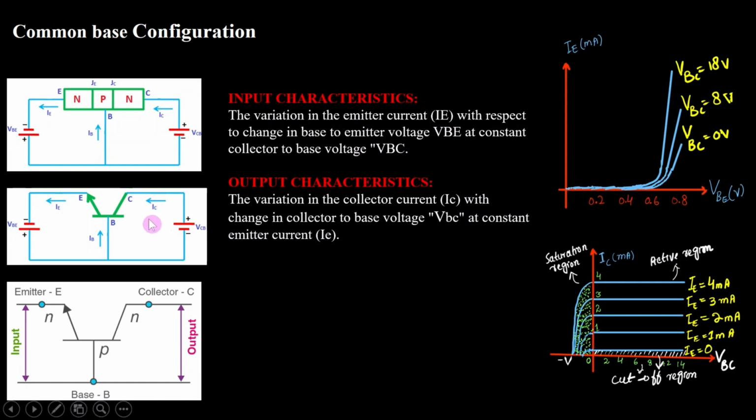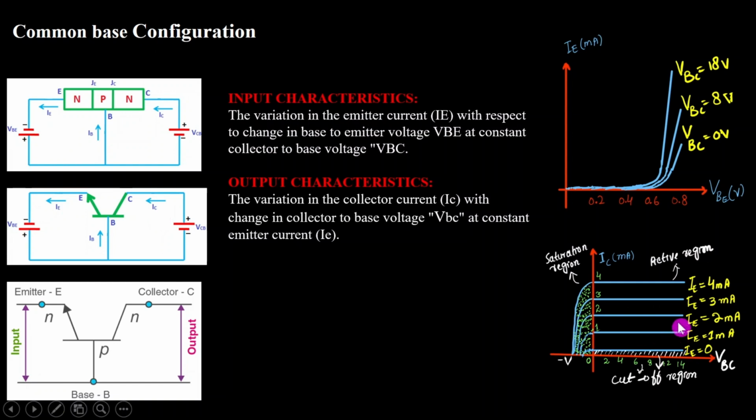Okay, 99% current is the IC. In this case, only 1% is the IB. So therefore, this IE is approximately equal to IC.